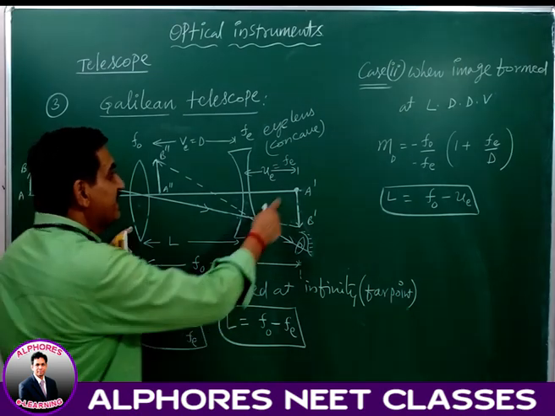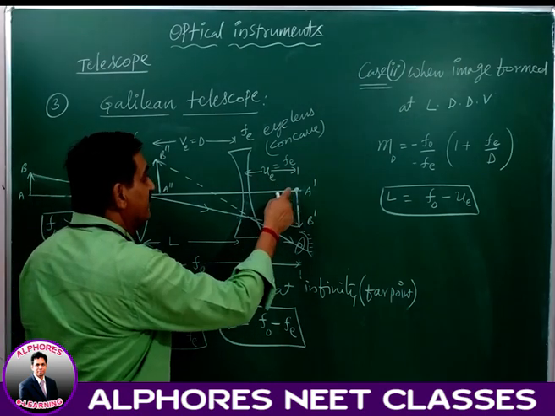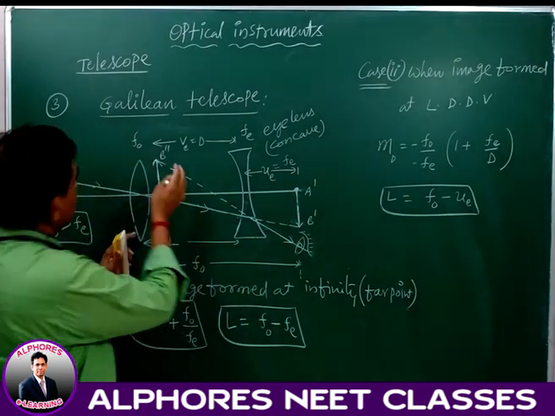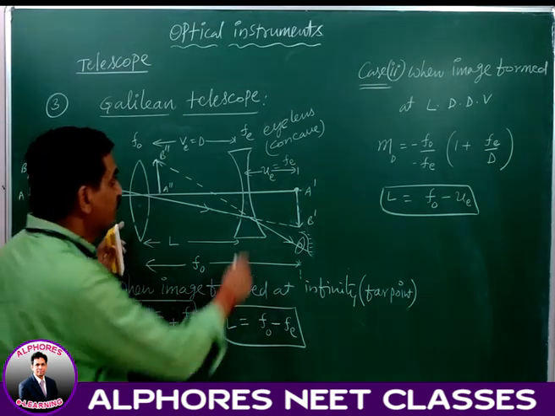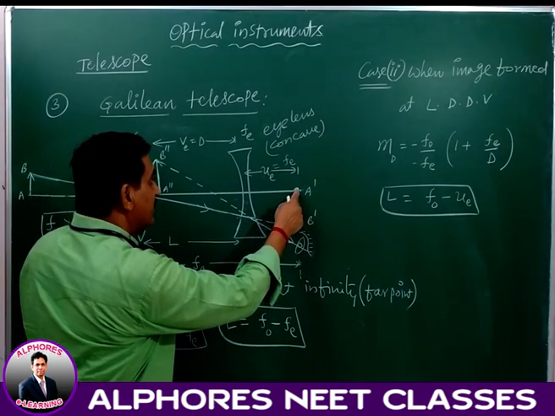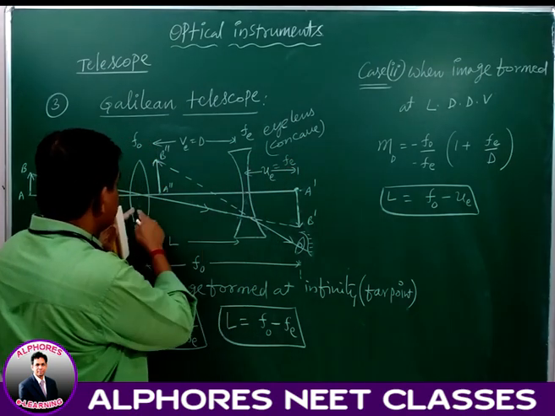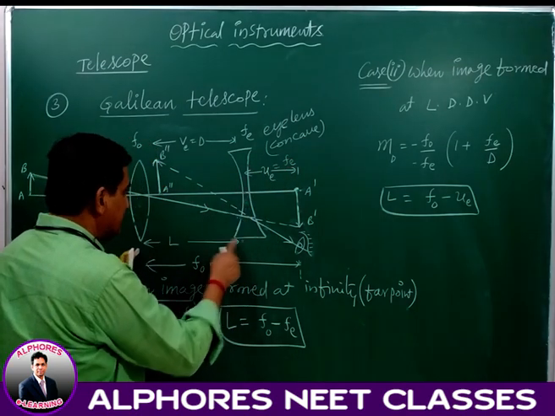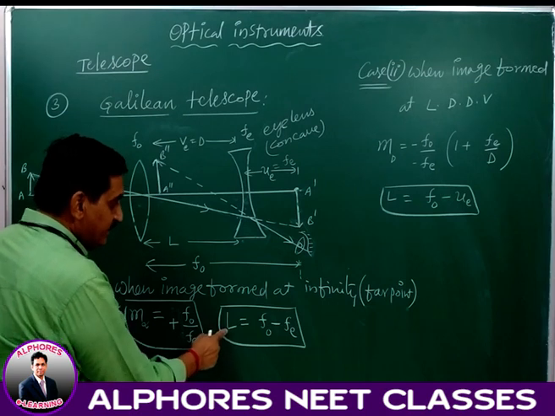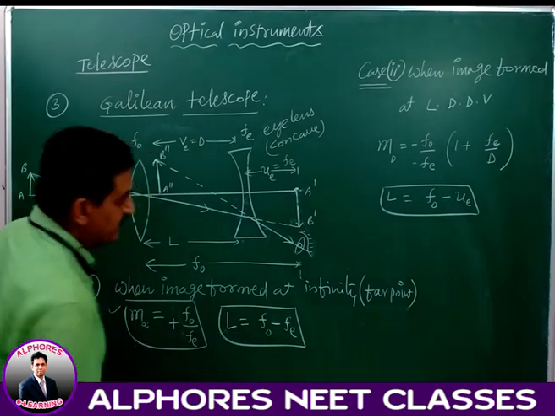Therefore, when ue is equal to fe, its corresponding image goes to infinity. So this is f0 and minus this is fe, and that gives the distance between the two lenses, known as the length of the telescope. L is equal to f0 minus fe.